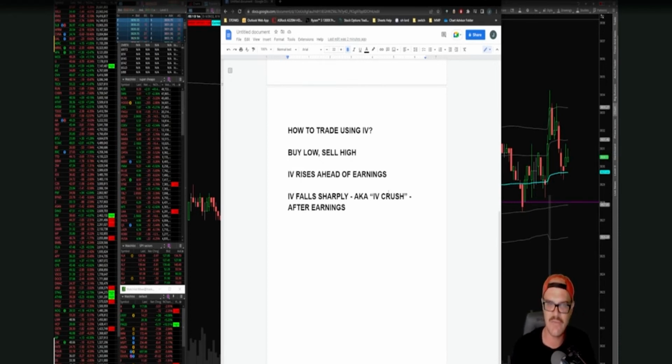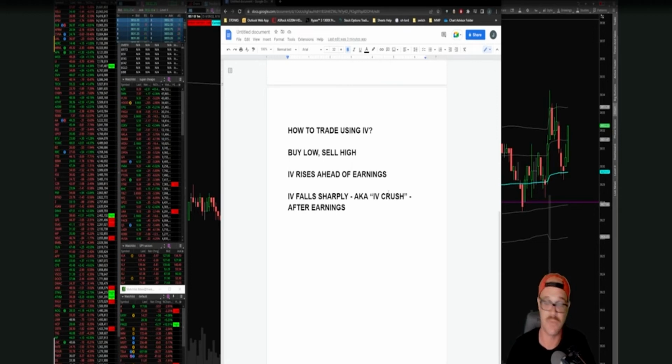So implied volatility really tends to rise ahead of earnings reports. Think about it. As the anticipation ahead of a company's earnings report grows, people are going to start getting more and more excited about the potential upside or downside effects on the price that the earnings report will have.